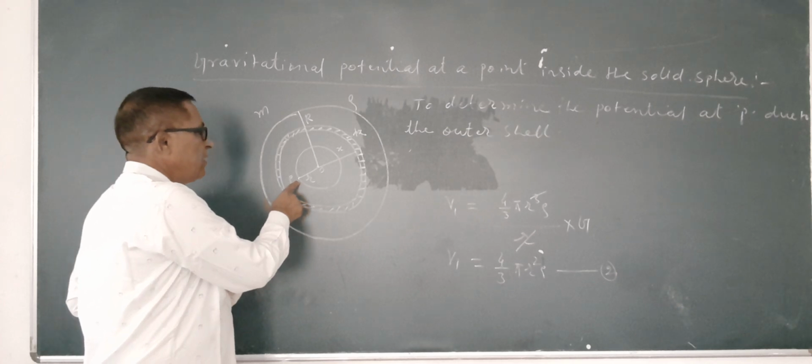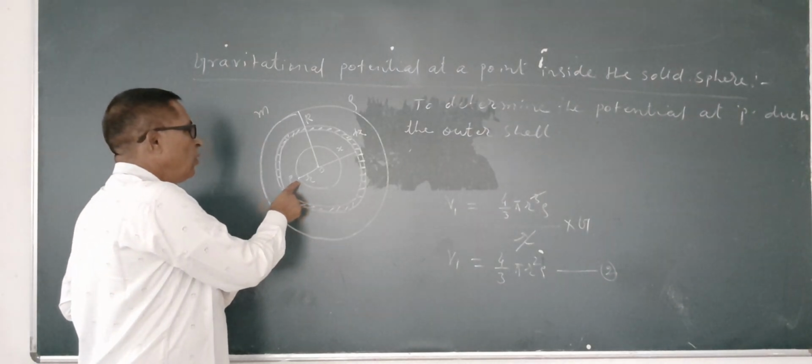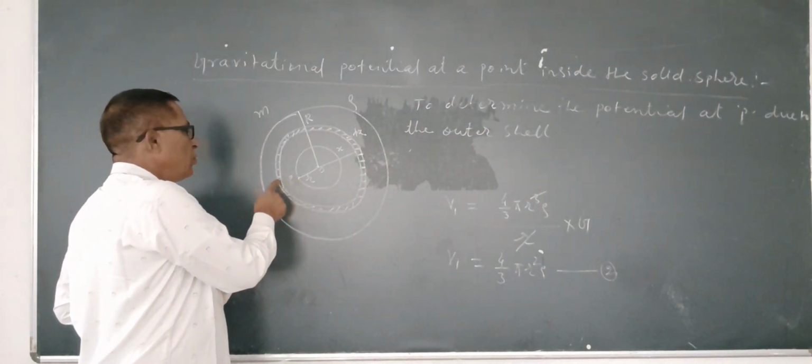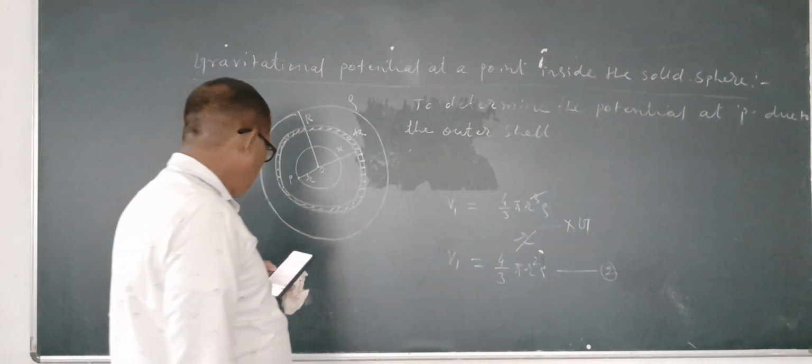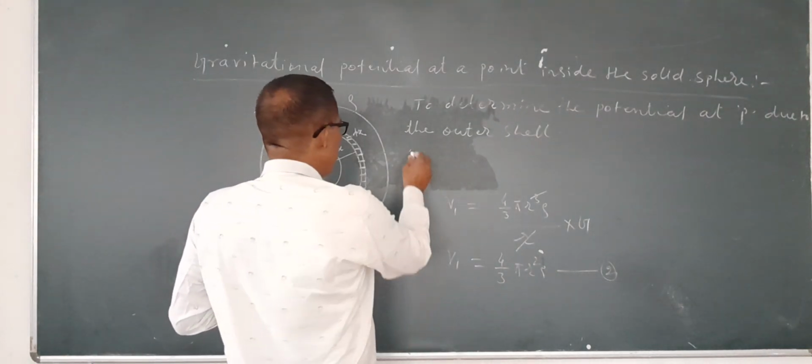That point P is here, and we want to calculate the potential at this point due to this outer shell. For this we consider a shell.